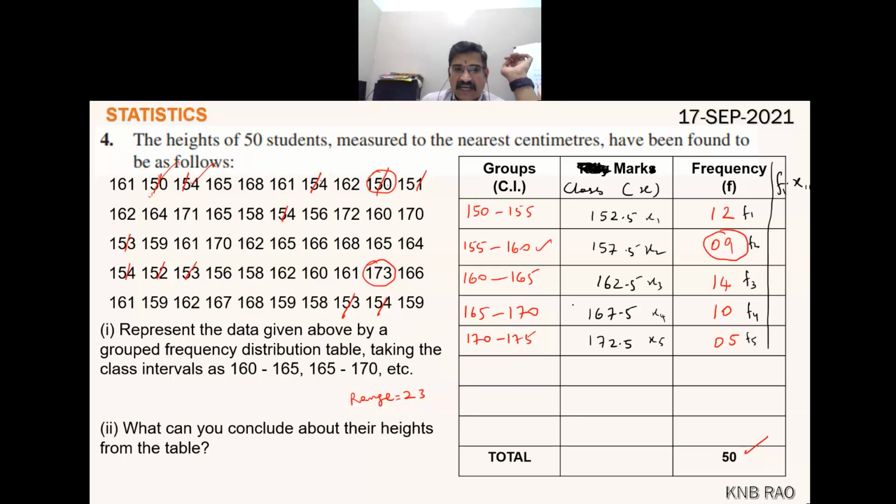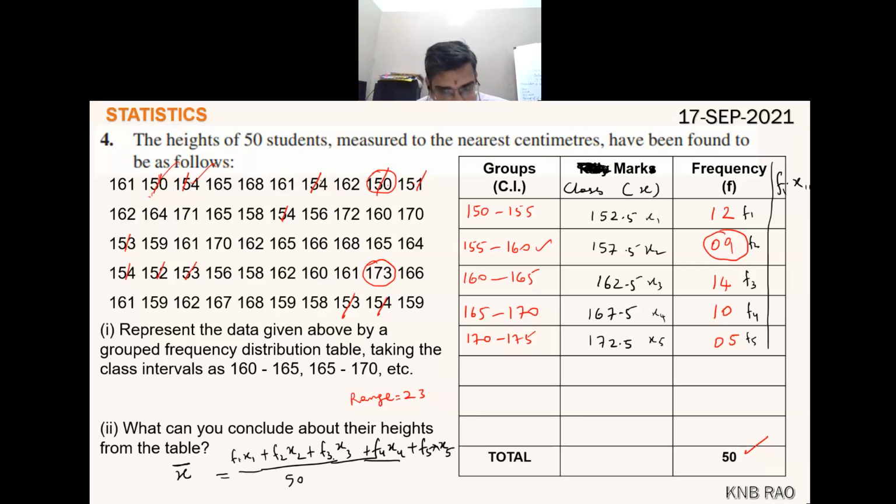When the grouping is done, we divide by 50, but the sum is f1 into x1 plus f2 into x2 plus f3 into x3 plus f4 into x4 plus f5 into x5. This gives me the average height. It is called arithmetical mean. You are going to do it in class 10th.